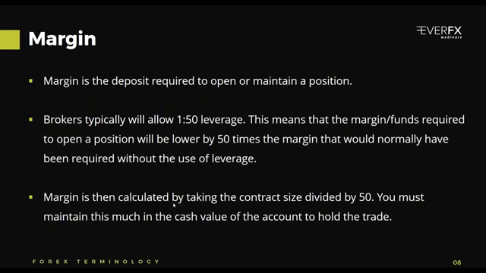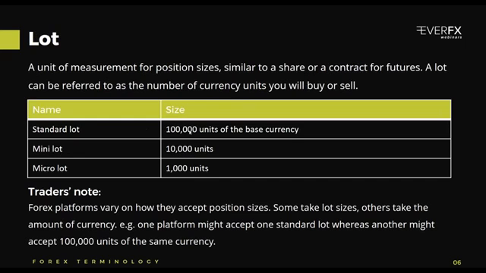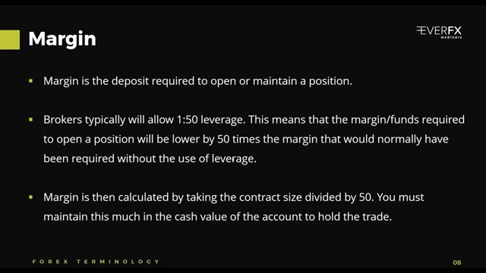Now, margin is calculated by taking the contract size, just like we saw. This is the contract size. If you're opening one lot, 100,000 becomes your contract size. If 100,000 is your contract size, essentially you're dividing it by the leverage and getting exactly what your margin for that trade is.